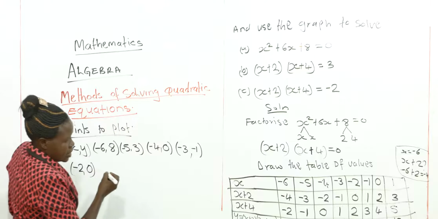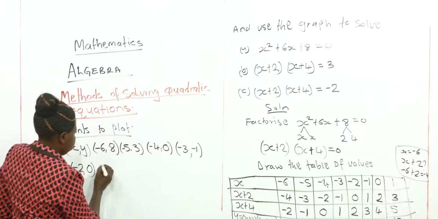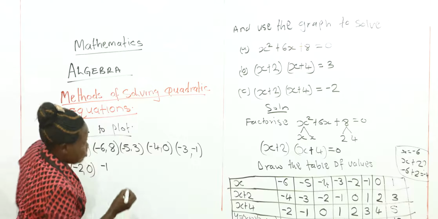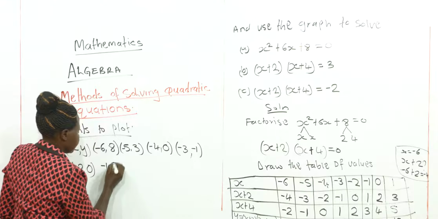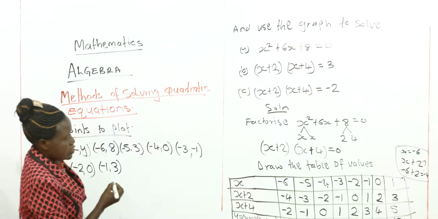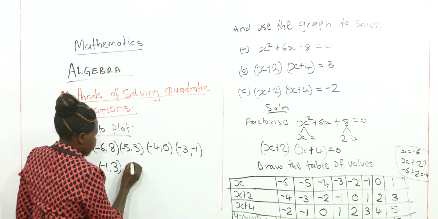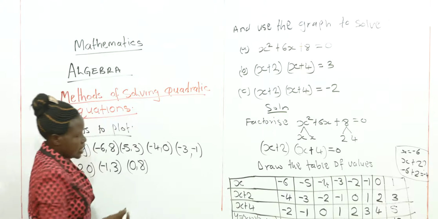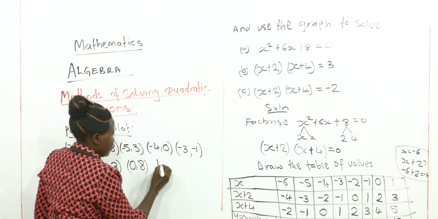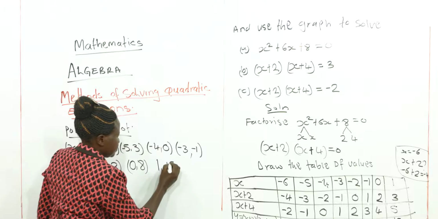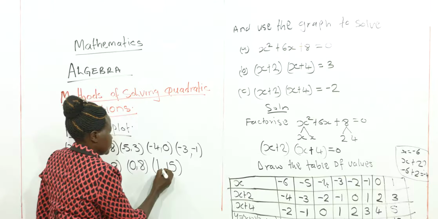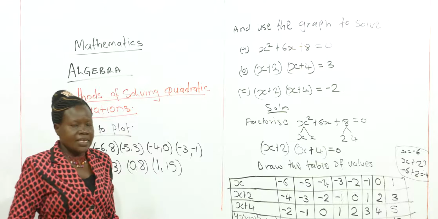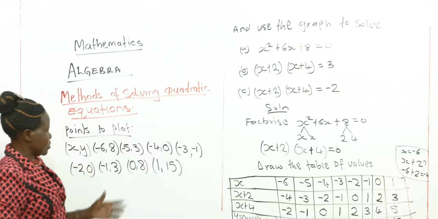And then we have negative 1 and positive 3. Then we have 0 and 8. And then lastly we have 1 and 15. So dear learners, these are the points that you are going to plot.